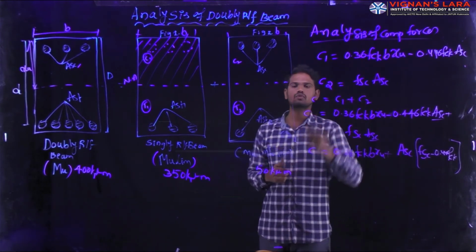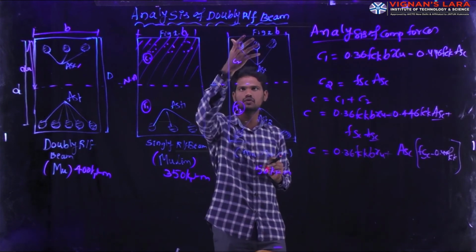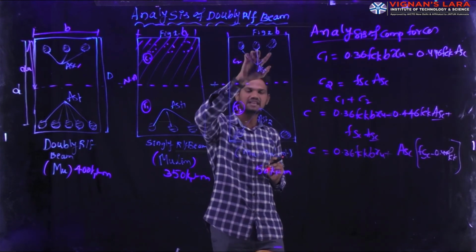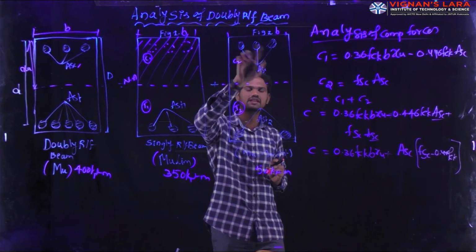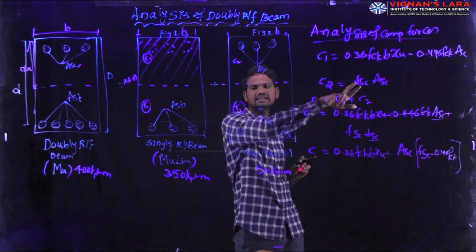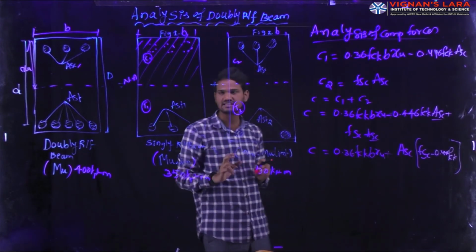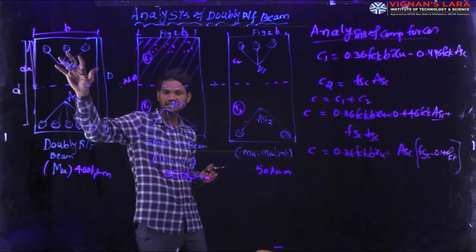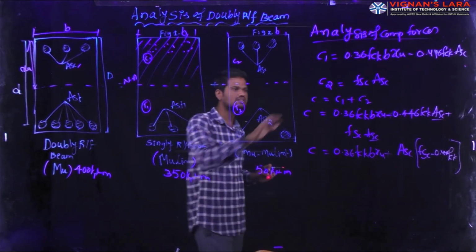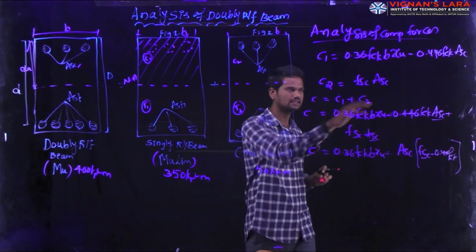Where C2, in this portion we have one more compressive force. C2 equals force equals stress into area. Stress we are taking as FSC, the stress in steel in the compression zone. How we calculate this FSC, I will discuss next session.